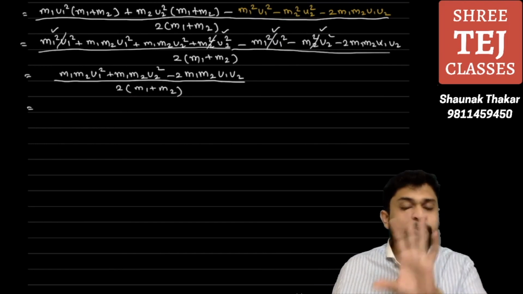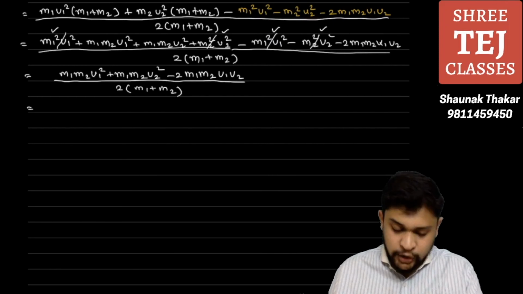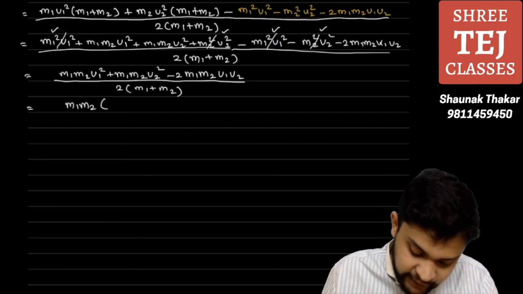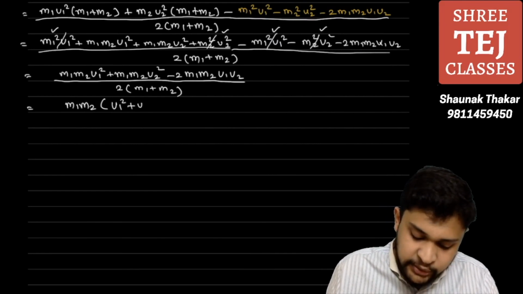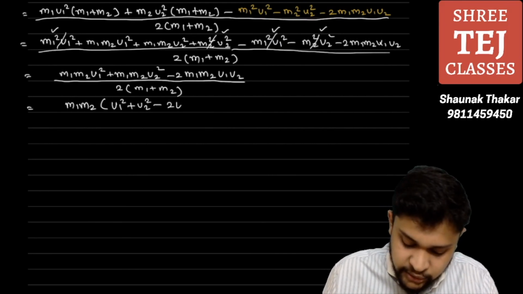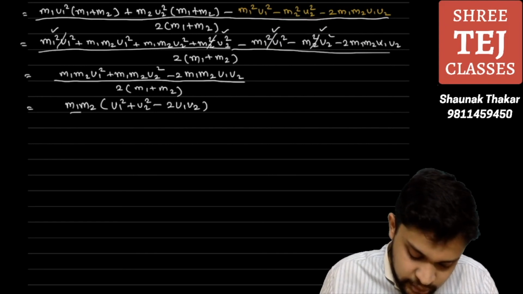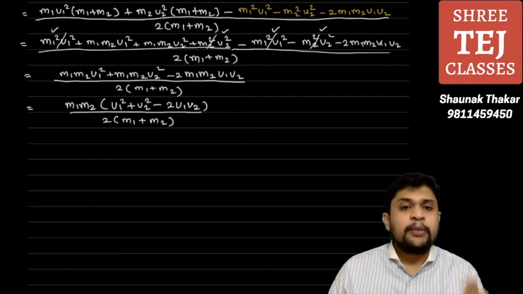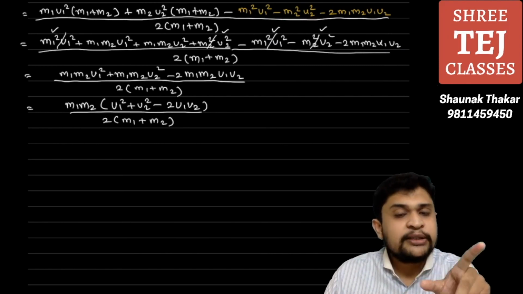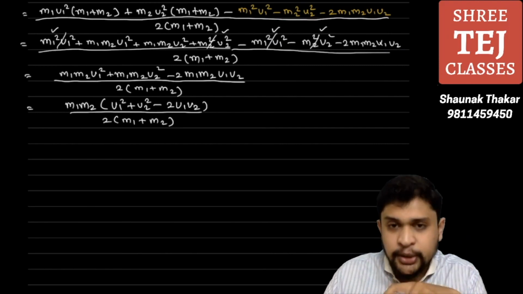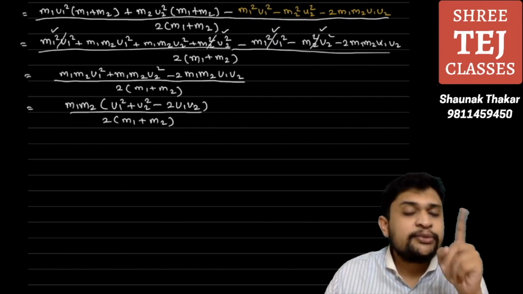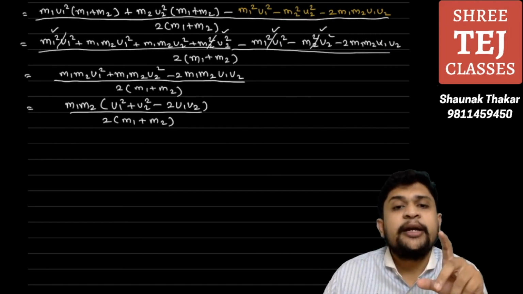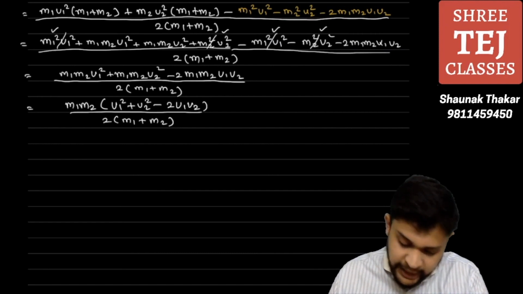Hence, if we take m1 and m2 common from the numerator, we get m1 m2 into, in bracket we get u1 square plus u2 square minus 2 u1 u2 divided by 2 m1 plus m2. But if you look carefully, u1 square plus u2 square minus 2 u1 u2 is of the form a square plus b square minus 2ab. Therefore, you can write it as u1 minus u2 bracket square.